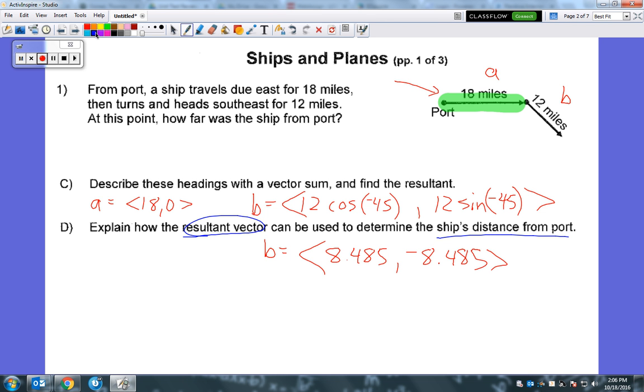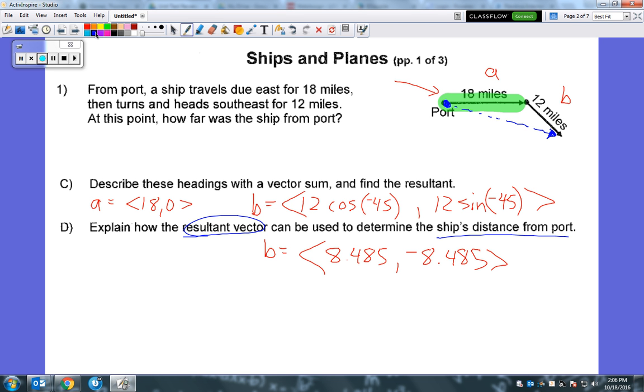Well, all I'm doing is adding the vectors, and I now know the distance, which is the magnitude of that last vector. So this is, again, the resultant, and drawn correctly, the arrow would go here, and the initial point would go there because of either the tail-to-tip method or the parallelogram method.